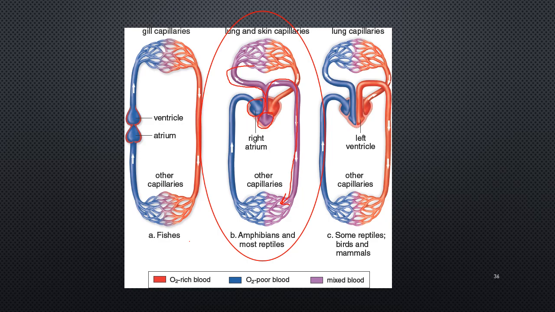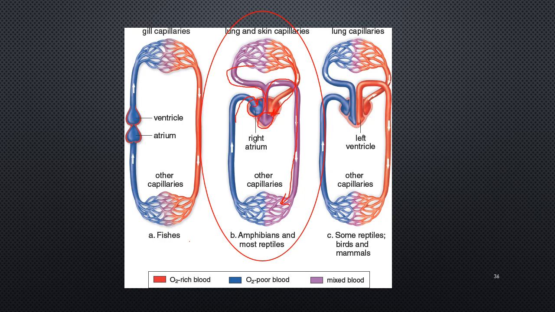So the oxygenated blood returning to the heart from the lungs through the pulmonary vein passes into the left atrium. Okay, so that's right here. And the deoxygenated blood returning from the body through the sinus venosus passes into the right atrium, that being right here.